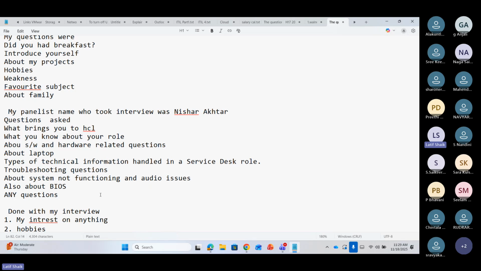The BIOS contains your hardware information, hardware settings, and boot priority information also. So BIOS will help to locate and load our operating system.